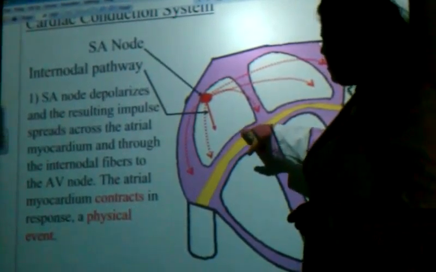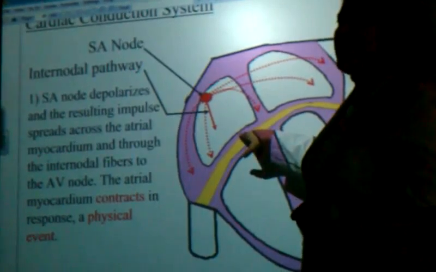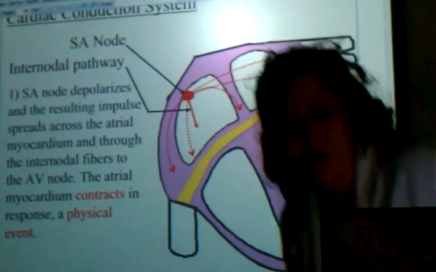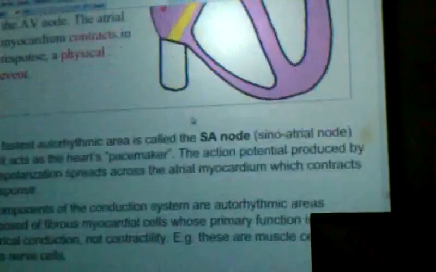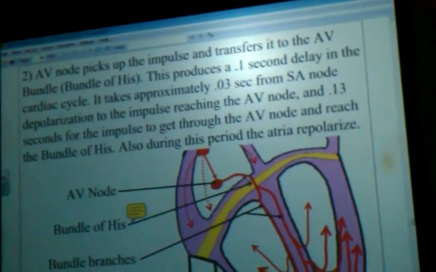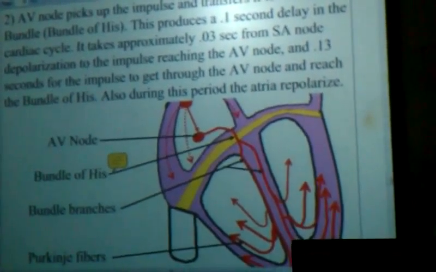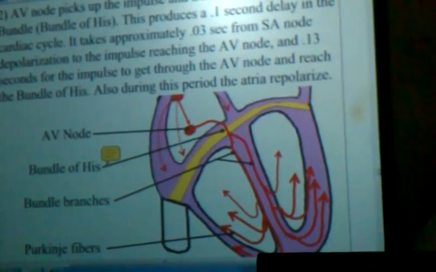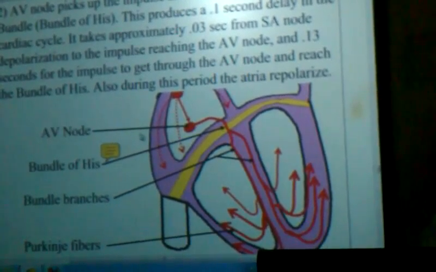From the AV node, the signal will then have to cross the fibrous septum, and it does it by crossing over the bundle of His, this one right here. And we can see here, AV node picks up the impulse, transfers it to the bundle of His.